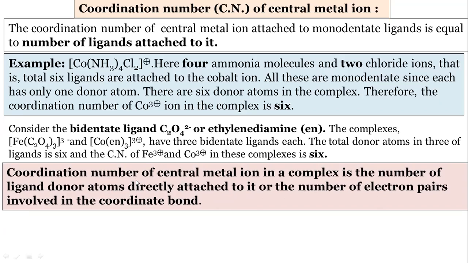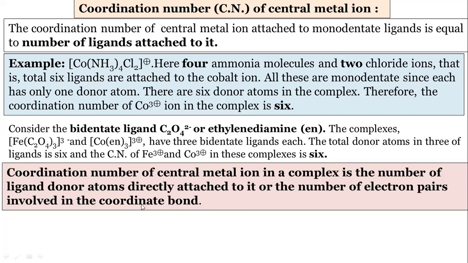The coordination number is the number of ligands, the donor groups attached to the central metal atom, or the number of electron pairs involved in the coordinate bond. The number of electron pairs is applicable only to the bidentate ligand. So the coordination number is calculated differently for monodentate and bidentate ligands.